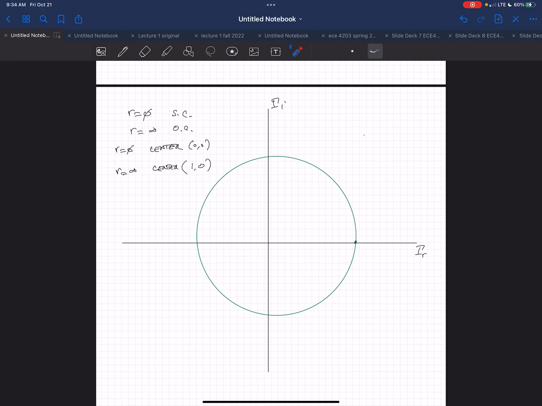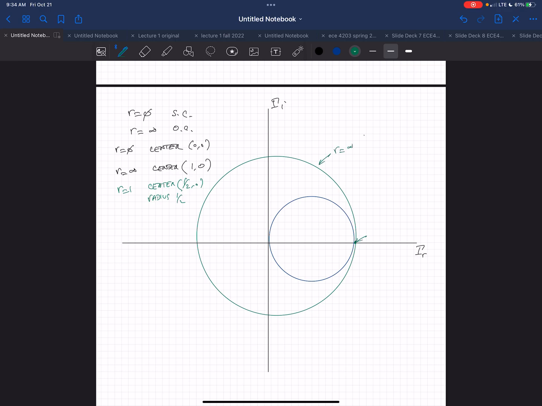So if I draw, let's see, if R is equal to 1, the center is at 1/2, 0. So the center would be here, and the radius would be 1/2. So that would look like, here we go again, a very poorly drawn circle. So this is R equal to infinity.